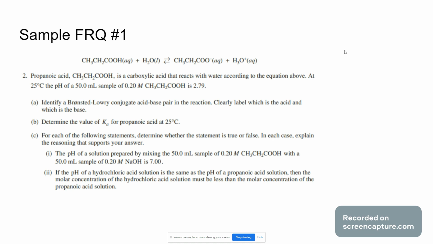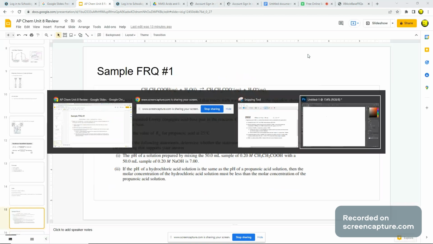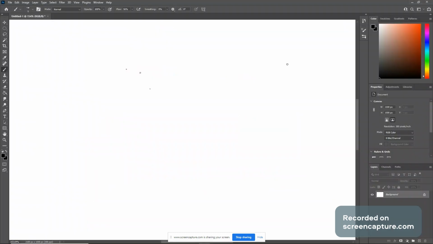So you would set up an ICE table for this. You don't need to, but it helps to just see it. I'm going to open up Photoshop for this. So I'm going to draw an ICE table.